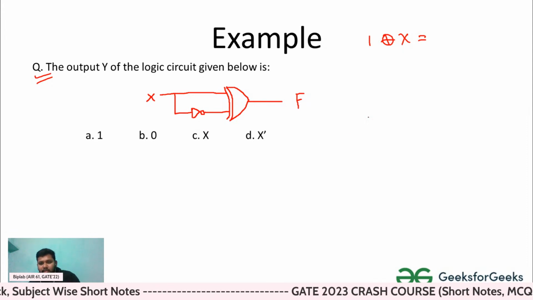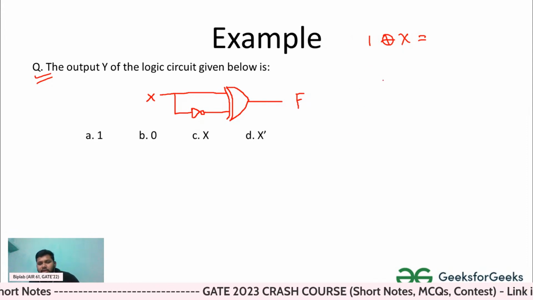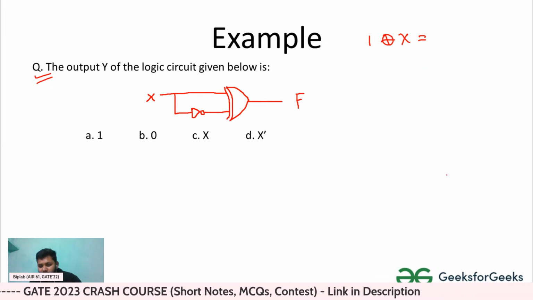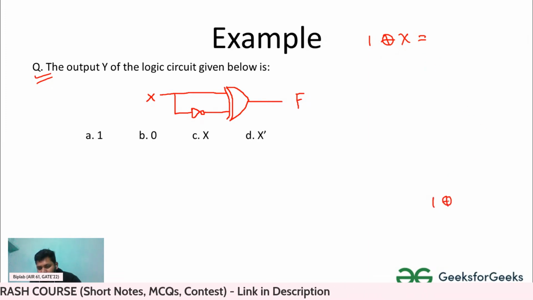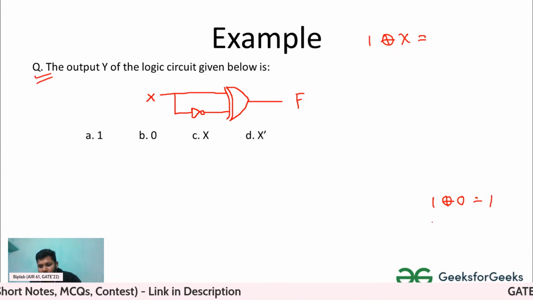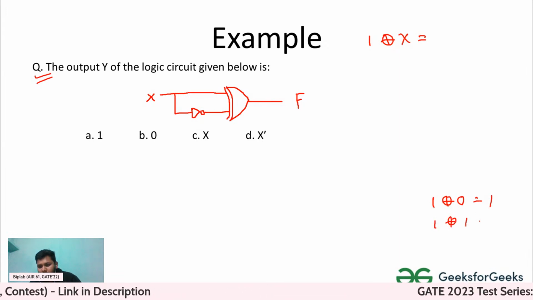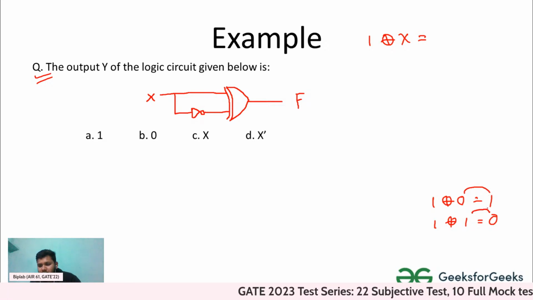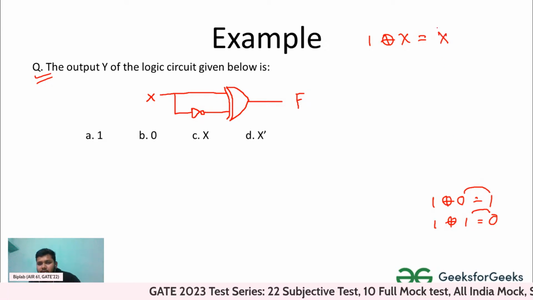If you cannot remember, you don't have to memorize, you can check it. 1 XOR 0 results in 1, and 1 XOR 1 results in 0. So look at this: whatever you give as input, you get the complement.